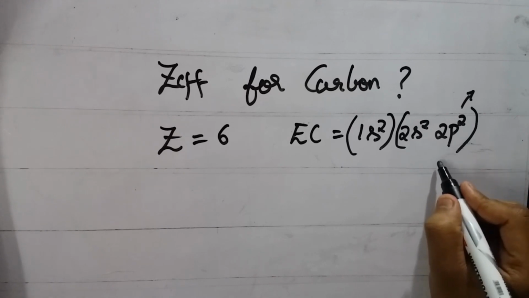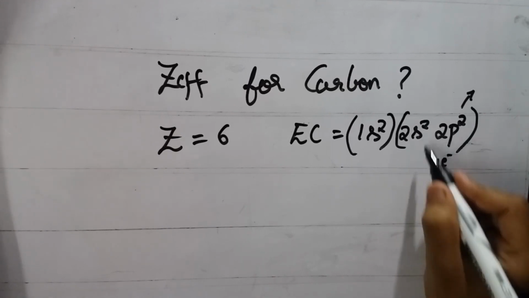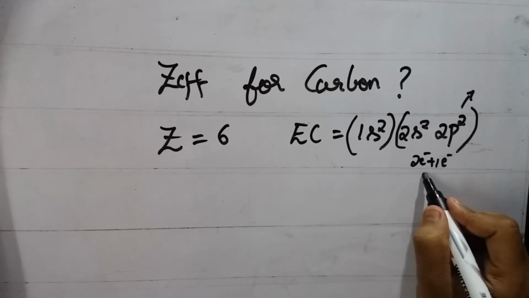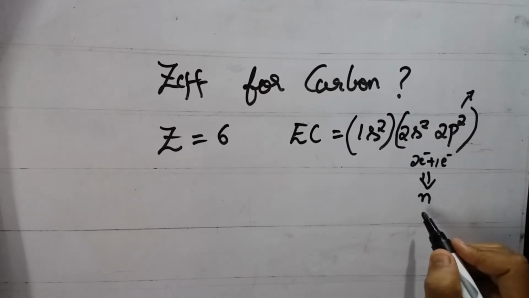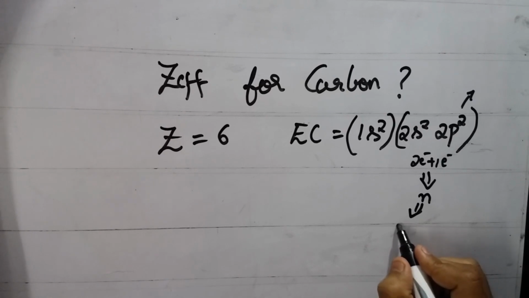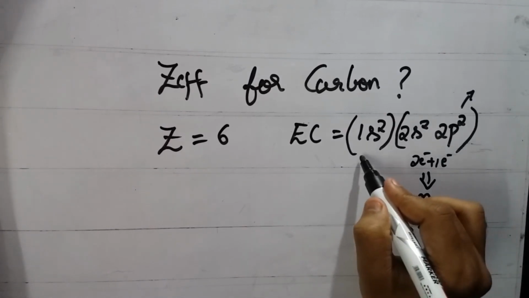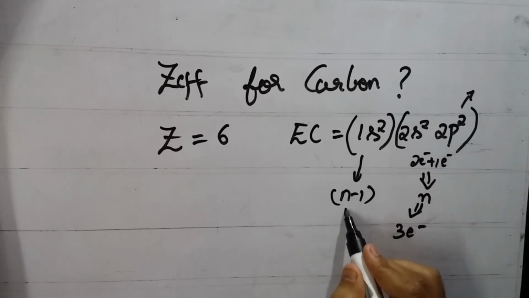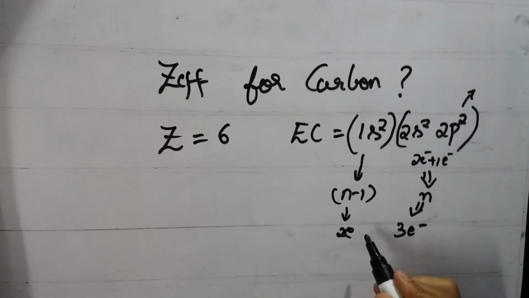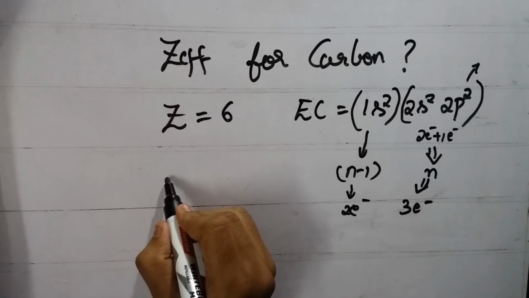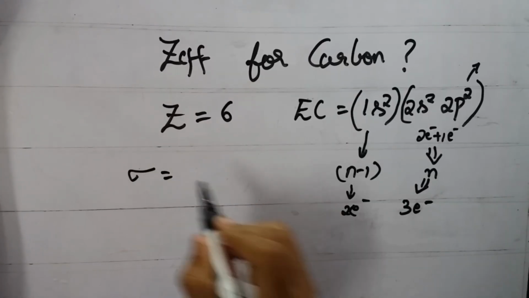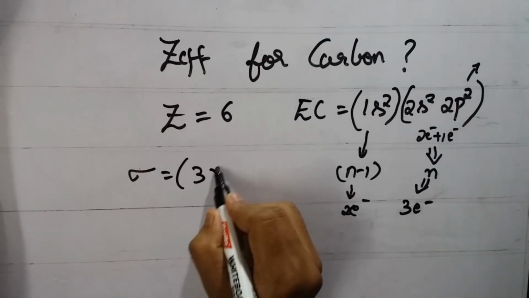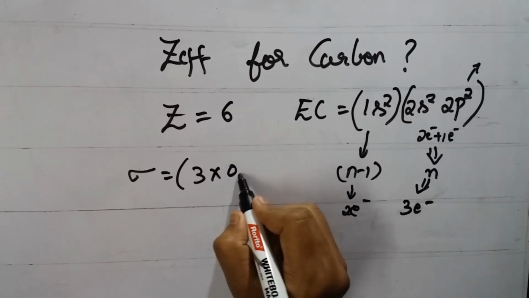So one electron is left out and 2 electrons from this s orbital. Therefore the n shell would have 2 plus 1, 3 electrons, and the n minus 1 shell would have 2 electrons. Therefore the sigma would be, for the n shell, 3 into 0.35.